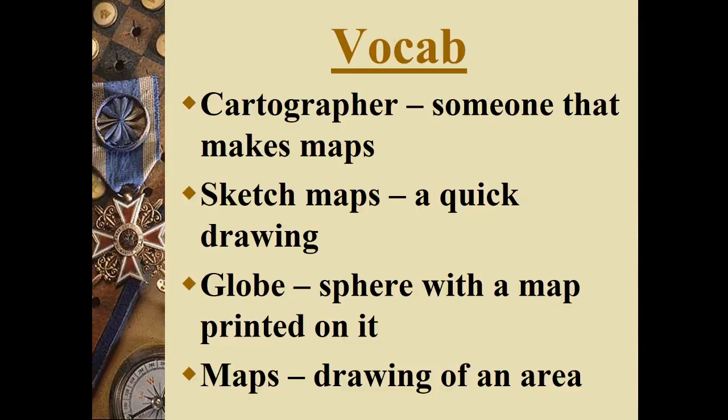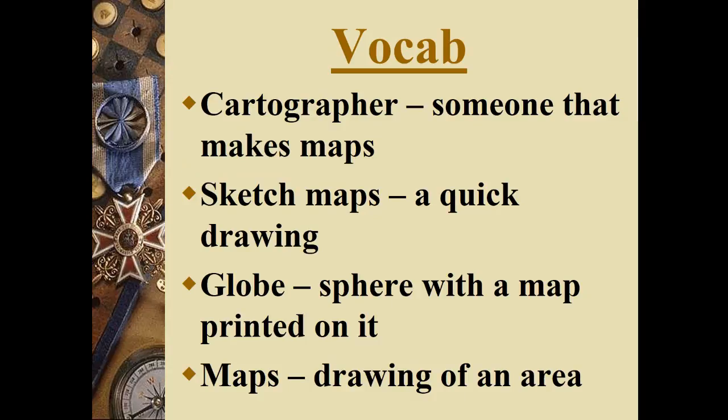So in their notebooks, I had them write down this vocabulary: cartographer, sketch map, globe, and maps. Again, they're in ninth grade. These are very simple words. However, whenever I have a word that has multiple different parts in it, I like to break it down to show them that you can figure out what words mean even if you've never seen the word before, if it is a word that has a Greek or Latin base, typically.